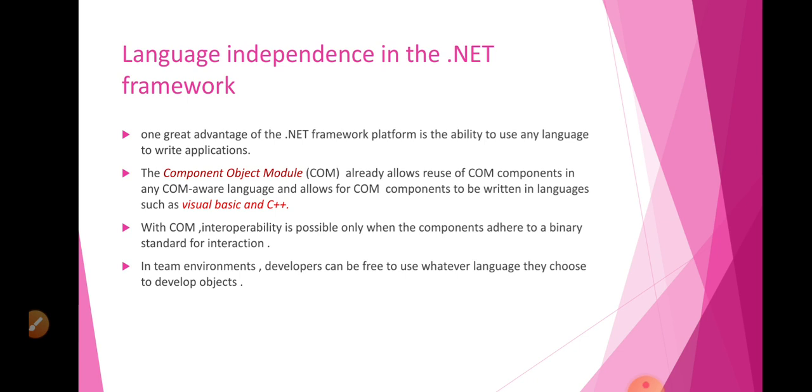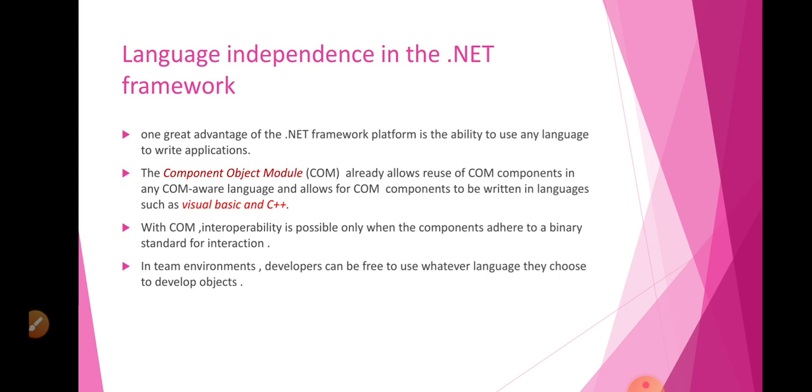We already know this. Next, COM stands for component object model. It already allows reuse of COM components in any COM aware language and allows COM components to be written in languages such as Visual Basic and C++. That is, for example, in our inheritance program, we reuse the code from the base class.